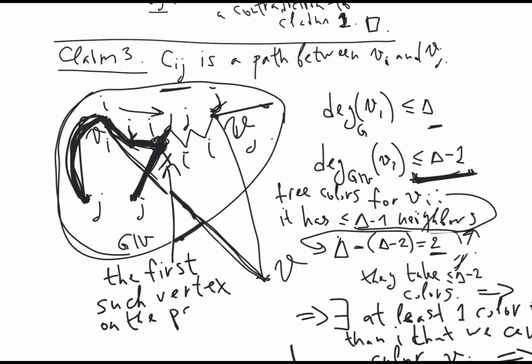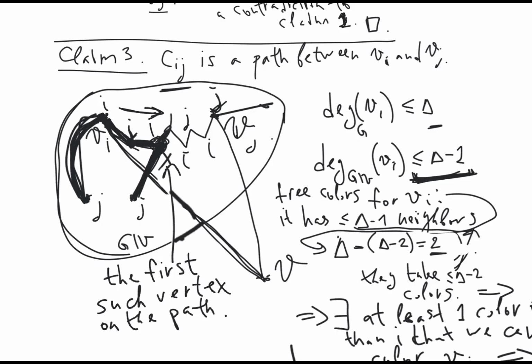Basically, we start from this vertex vi and we move along this path. We already proved that vi itself is not connected to any other vertices of color i and j. So we move to the next vertex. We check if this vertex is connected to any other vertices, except those on the path, of color i and j.